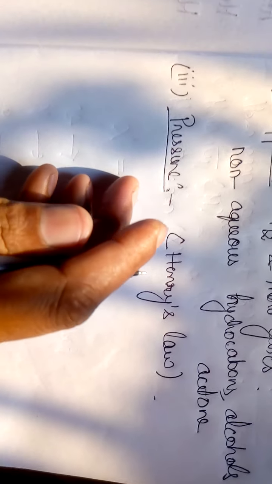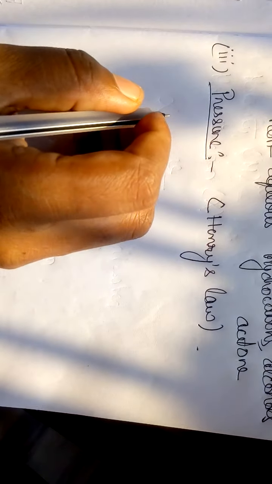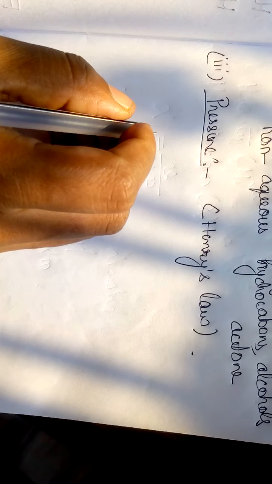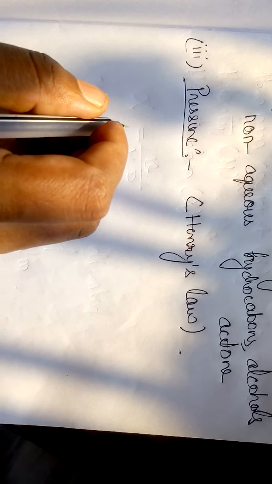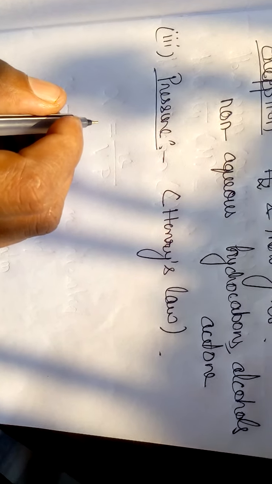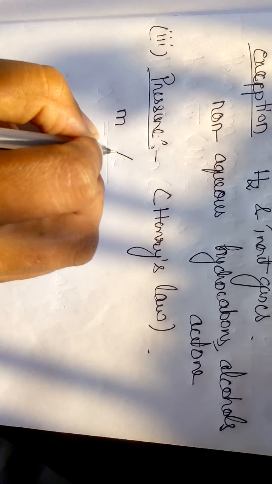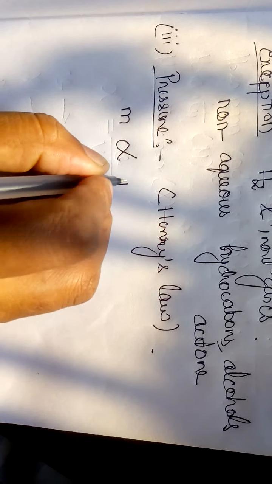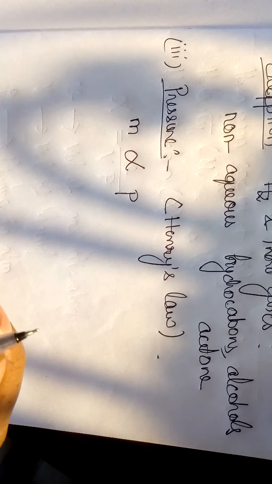So according to Henry's law, the mass of a gas dissolved in a given volume of the liquid at constant temperature is directly proportional to the pressure of the gas present in equilibrium with the liquid. So, the mass is directly proportional to the pressure of the gas which is present in equilibrium with the liquid.